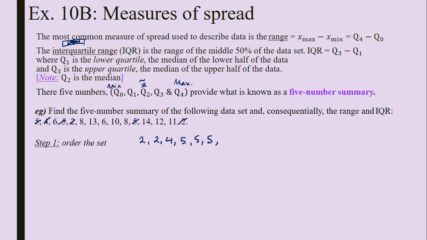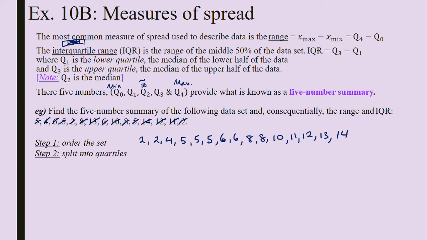The number 6 appears twice. There is no 7 in the data. We do have 8, which appears twice. There is no 9. We do have a 10, and an 11, and a 12, and a 13, and finally a 14.